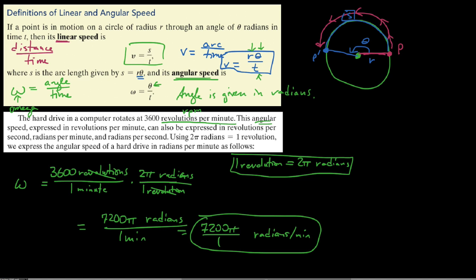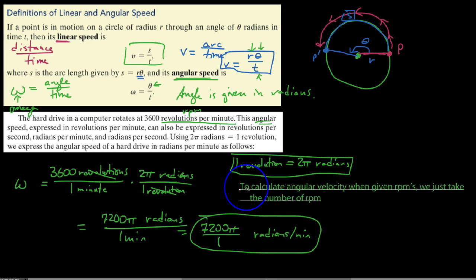So one thing to keep in mind is this. In terms of turning revolutions per minute, or RPMs, into radians per minute, and we're going to make a note here on this one. To calculate angular velocity when given RPMs, we just take the number of RPMs and multiply by 2 pi.